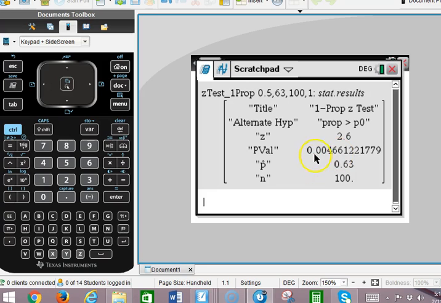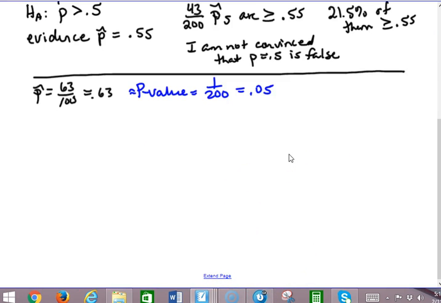0.00466, which is pretty close to 0.005. And actually I think I put 0.05, but it should have been 0.005 on the paper for 1 out of 200. 1 out of 20 is 0.05, so this is 0.005.